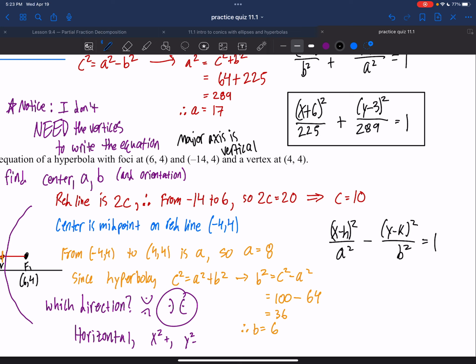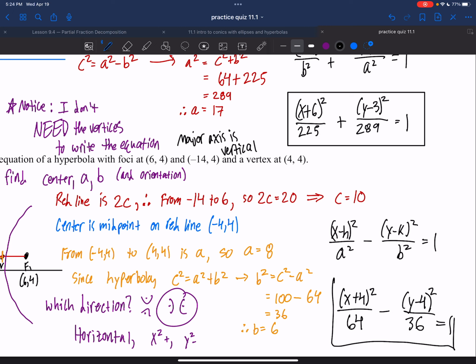Anyway, the center is at negative 4, 4. So this should be x plus 4 squared, minus y minus 4 squared, set equal to 1. And what are my denominators? a was 8, so a squared is 64, and b was 6, so b squared is 36. And there you go, that's the equation.